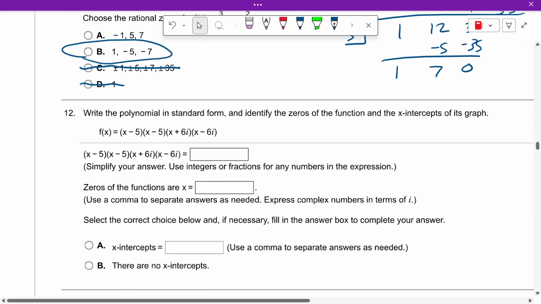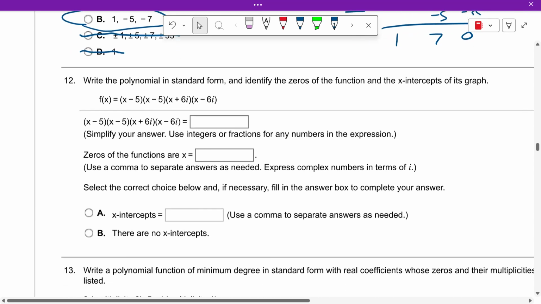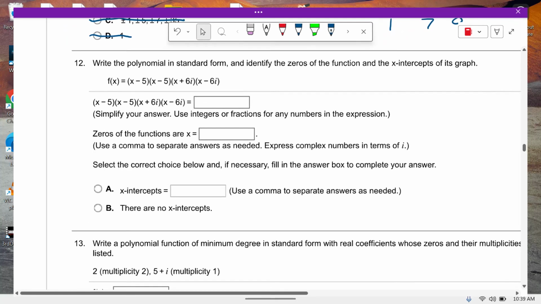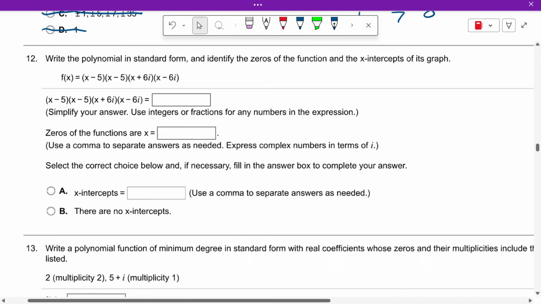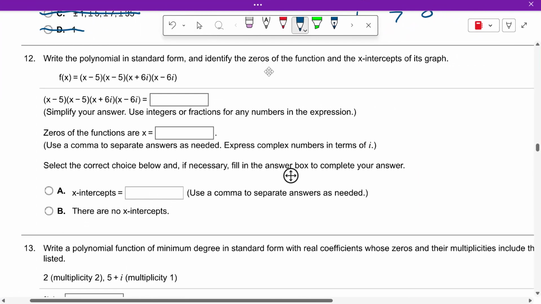Now, this is the one that might take you a little bit of time to do. The next couple here. Okay? X minus 5 times x minus 5. Okay? Simplify your answer and then identify the zeros. So, x minus 5 times x minus 5.